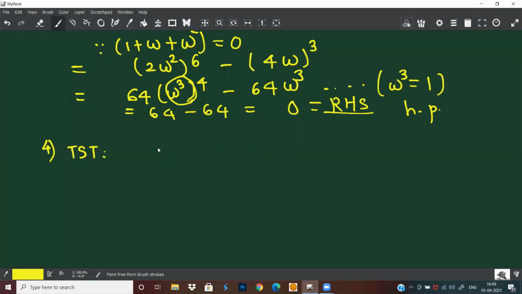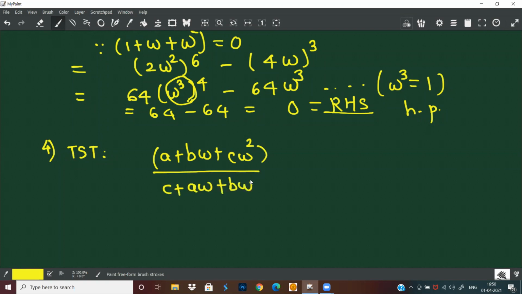Understood. Good. A plus B omega plus C omega square upon C plus A omega plus B omega square is equal to omega square.